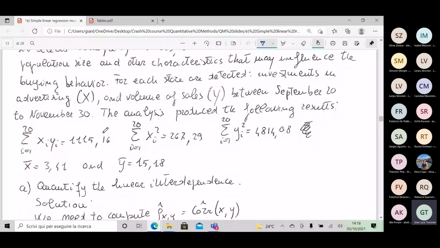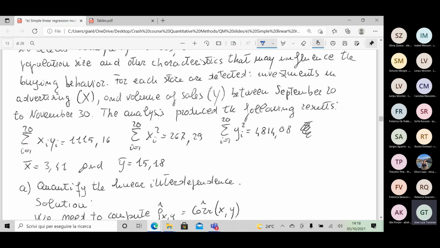So this computation has already been made. This is the sum of the cross products between advertising expenses and sales for each of the 20 stores. Then the sum of the squares of the y.